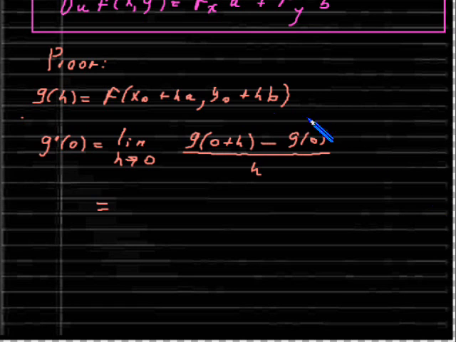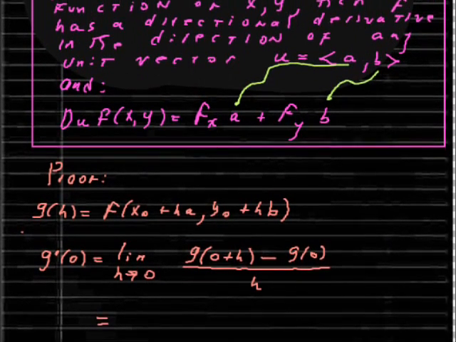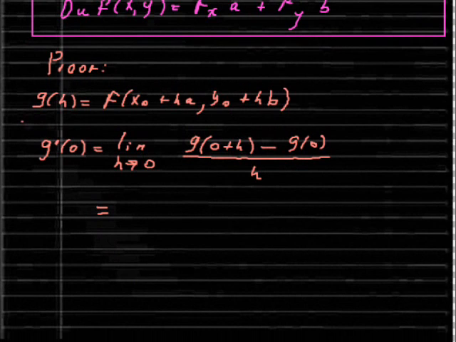Alright, so the proof goes as follows. I introduce the following function, which is a function of one variable, namely the function g of h. Now, bearing in mind that x naught and y naught happen to be constant values, so is the direction vector.